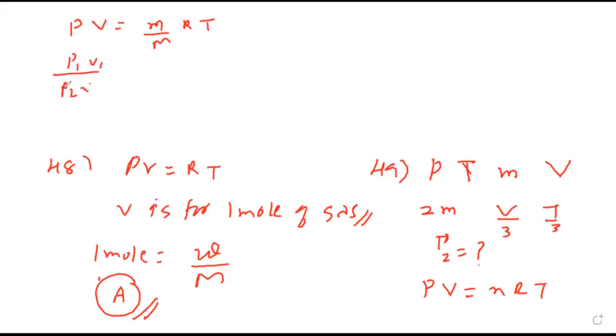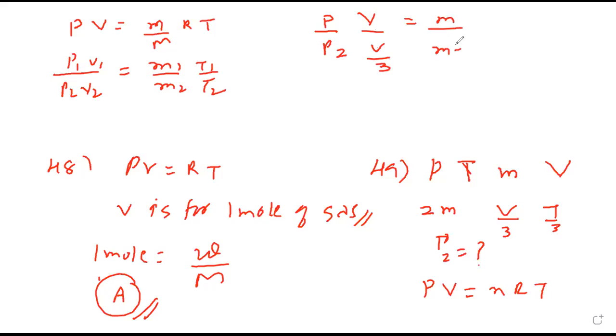So P1 V1 upon P2 V2 equals M1 upon M2 into T1 by T2. First pressure is P, second pressure you want. First volume is V, second volume is V by 3. First mass is M, second mass is M plus 2M. First temperature T, second temperature T by 3.